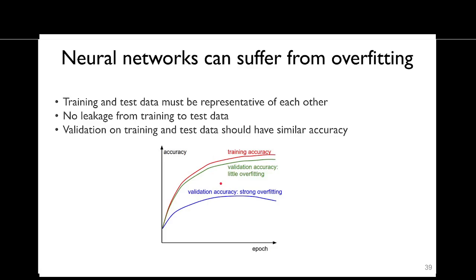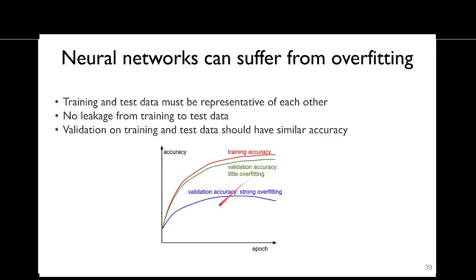And finally, I've mentioned it already, overfitting. Neural networks may suffer from the problem of learning the training data by heart. There's something you can do about this: you observe the accuracy as it's increasing along the epochs, and if the training accuracy and the validation accuracy are behaving pretty similarly over the epochs, then there's little overfitting.